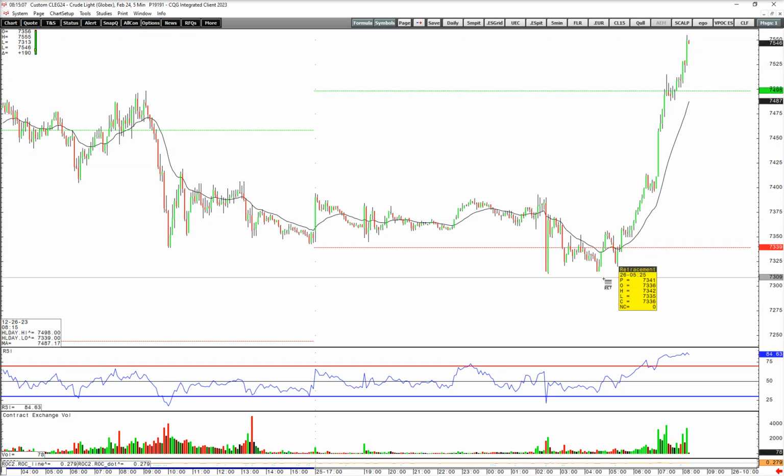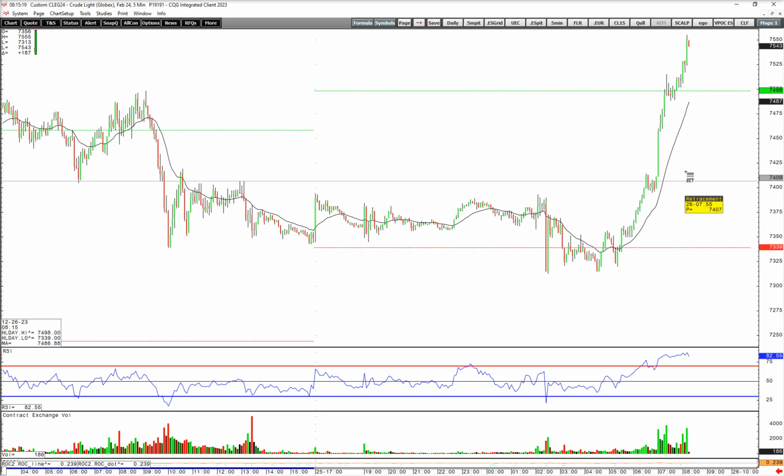$1.50 to the upside just to get to previous day high, and we've gone about another 50 cents, so a $2 move. This is just like the other time when I called the same pattern on ES, and we were 50 points away.